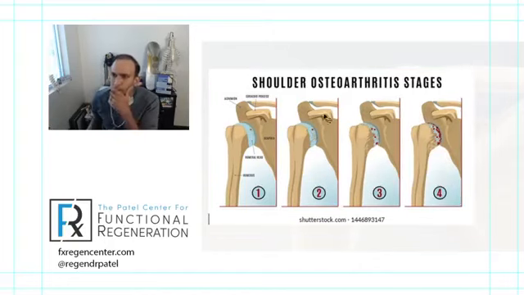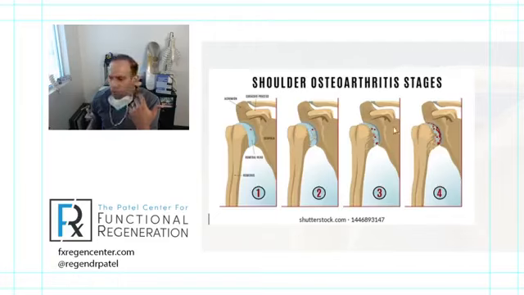When you see this, the early arthritis is when you're starting to get little wear and tear of the cartilage. The cartilage starts to wear off more, and then bony changes start to occur. As those bony changes progress, the shape of the bone actually worsens.